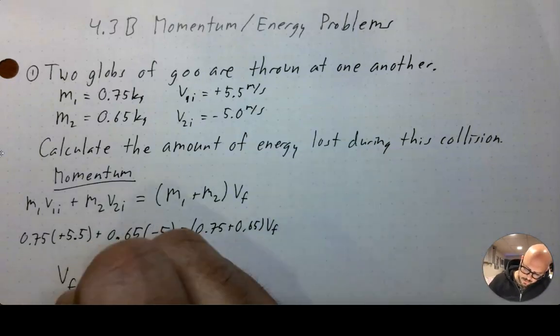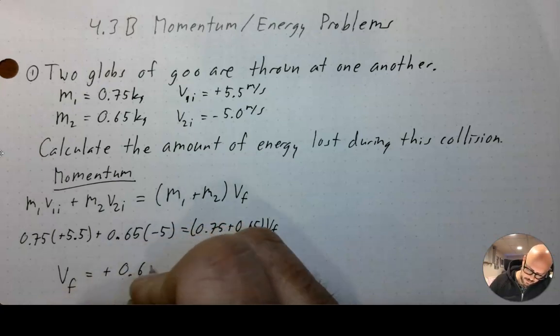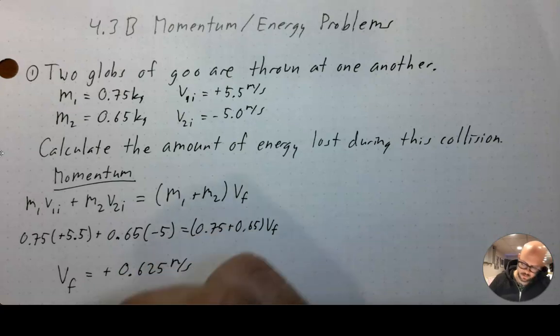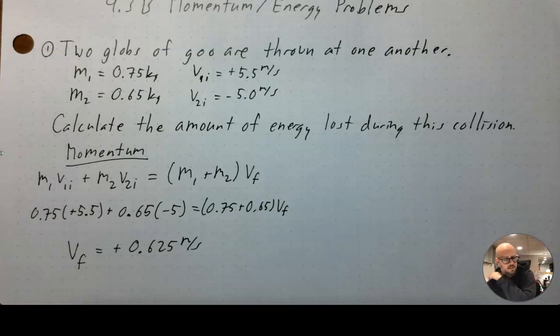And so the final velocity of the two globs of goo is positive 0.625 meters per second. One of the easiest ways to see an inelastic collision losing energy is that if you throw two things at one another, they will definitely both slow down because they're being hit by something moving in the opposite direction.